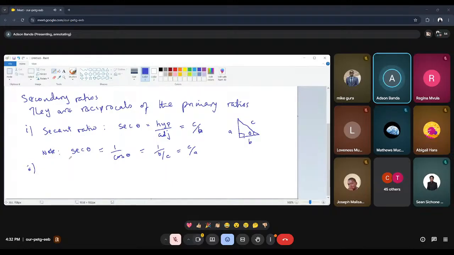The second secondary ratio is called the cosecant. So the cosecant ratio is defined as follows. It is the cosec of theta, and this is equal to hypotenuse divided by opposite.